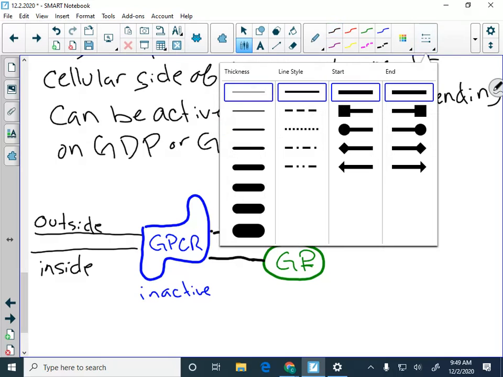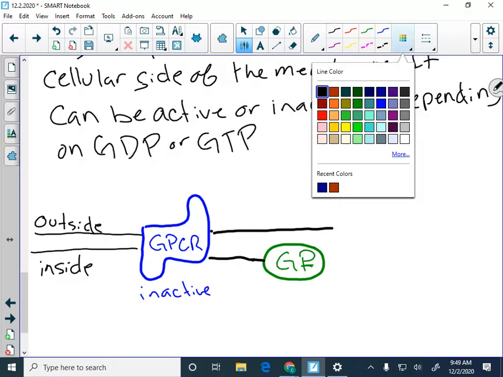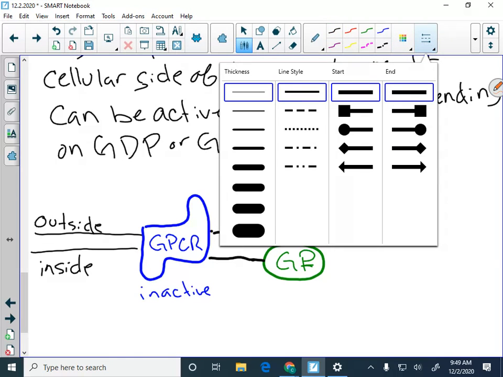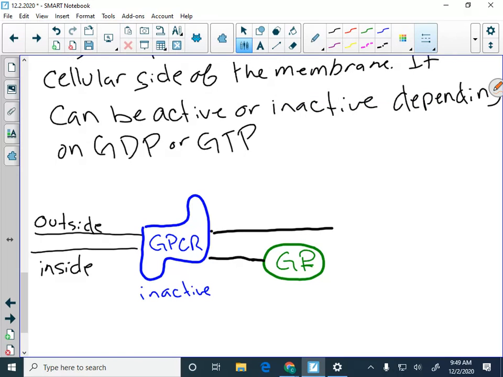Attached to that G protein, make it orange, we are going to have our GDP molecule. GDP. This is also inactive. So this is before anything gets started.